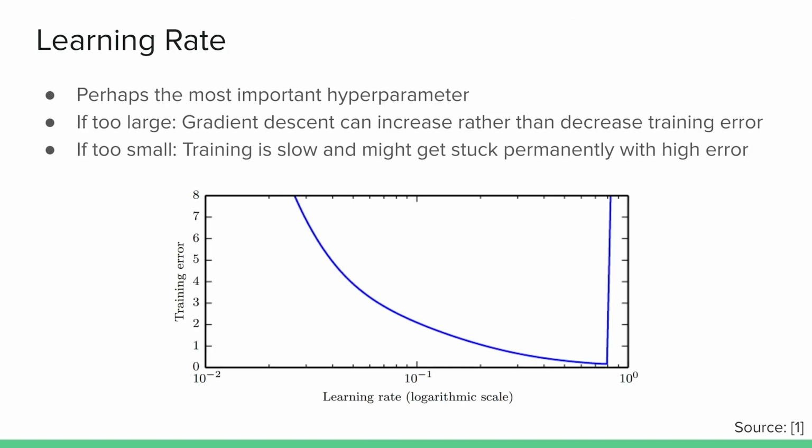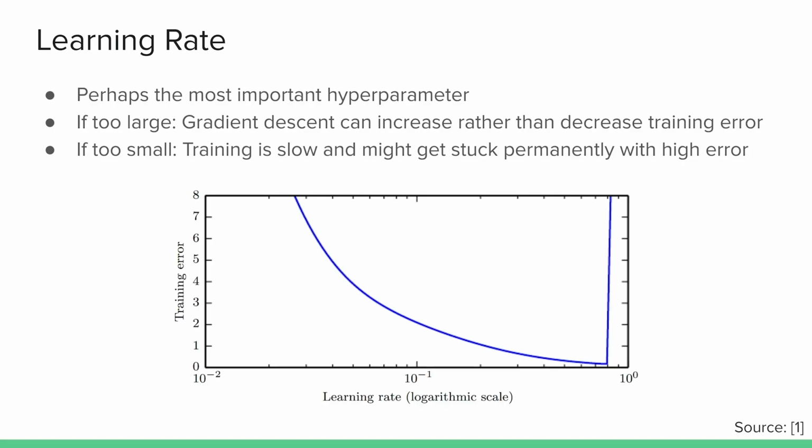The learning rate is probably the most important hyperparameter that you will encounter when you're training your network. It is the step size that we're moving along in our landscape. And the problem is if it's too large, gradient descent could actually increase rather than decrease the training error.